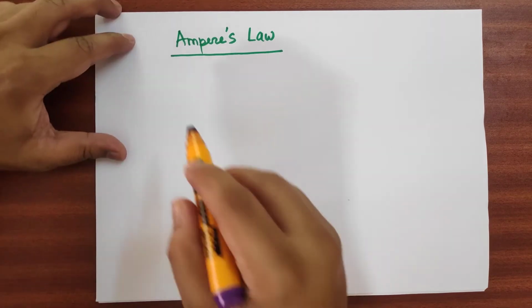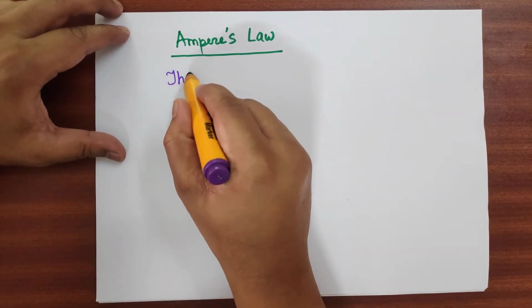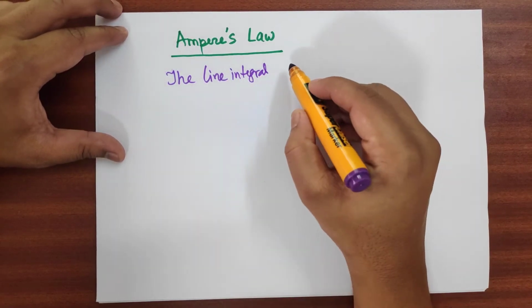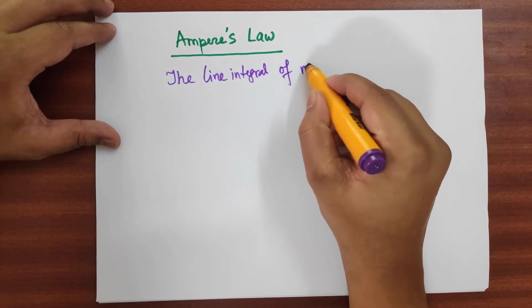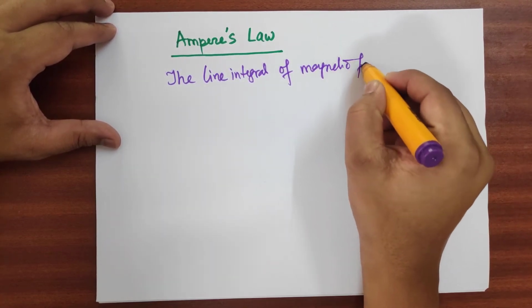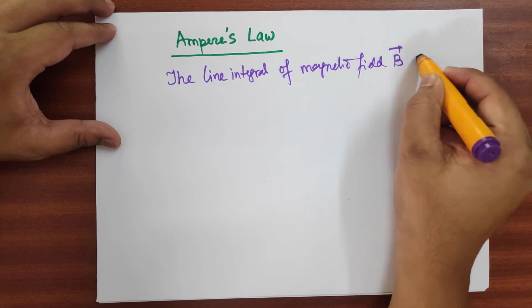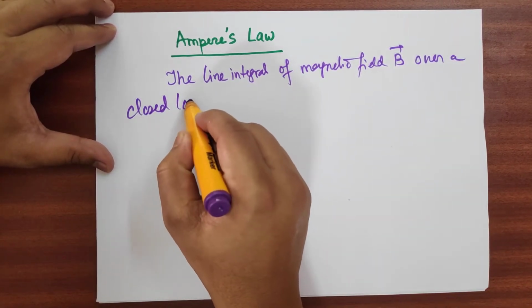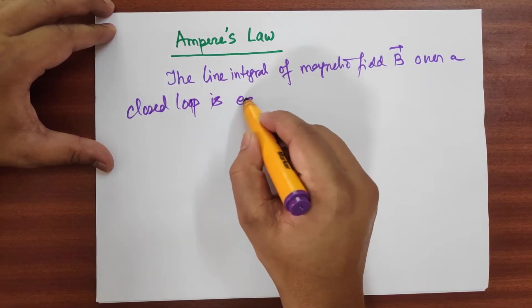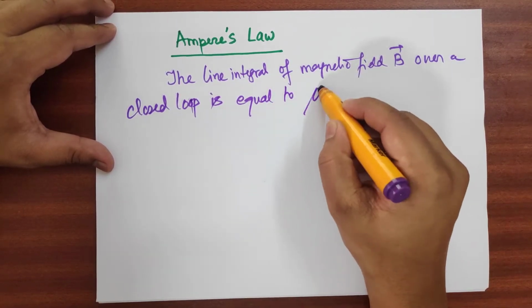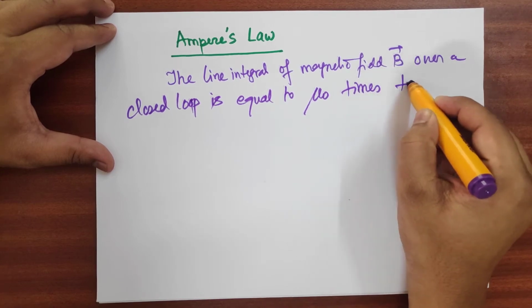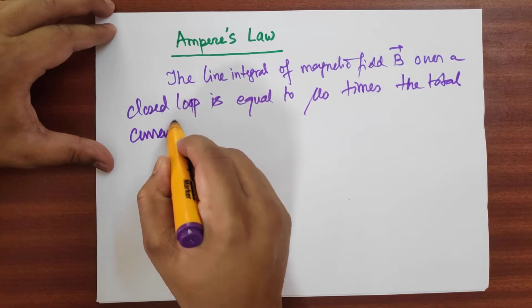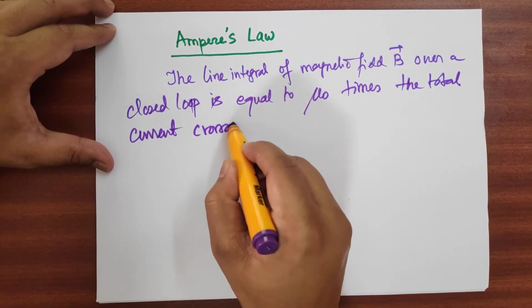The line integral of magnetic field B over a closed loop is equal to mu 0 times the total current crossing the open surface.